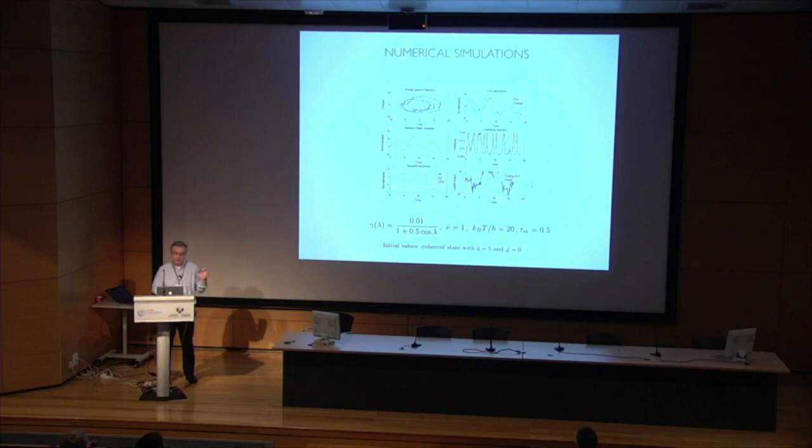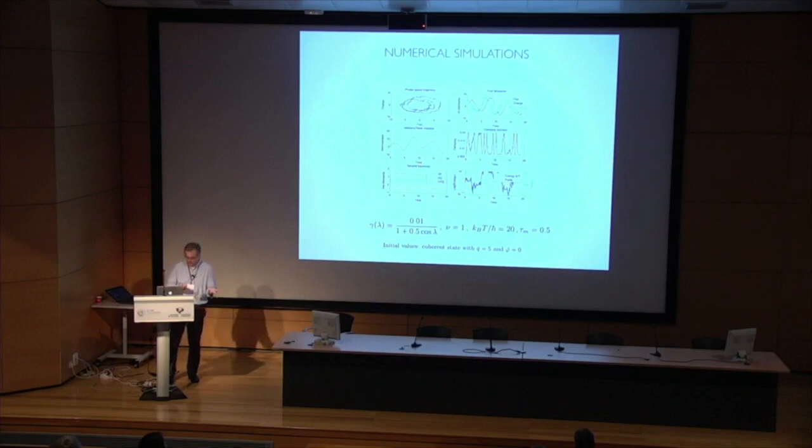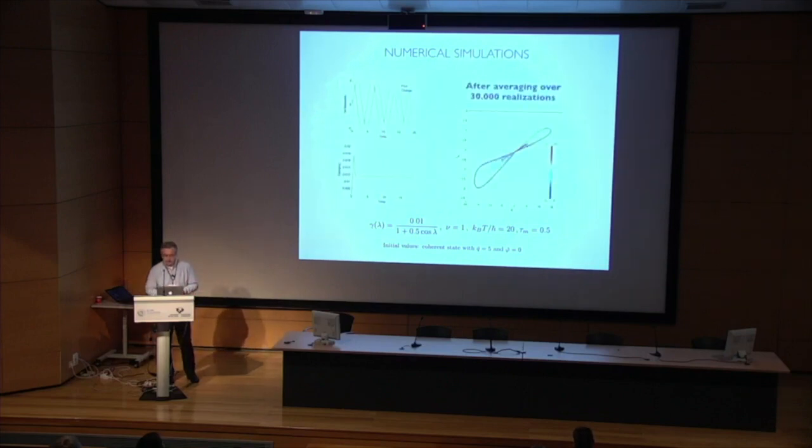So what was done here is we charged our system with a current and then let go. And we did that for many realizations. And then we averaged over all these realizations. And the result after this averaging was this.